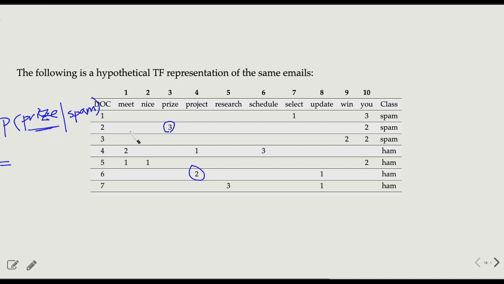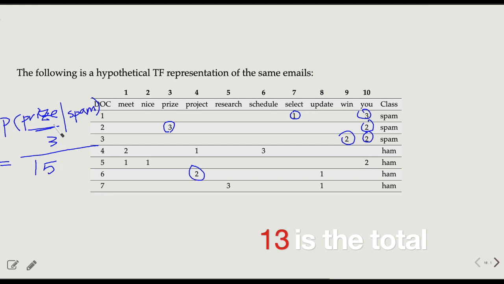This can be estimated by the total number of times the term price appears divided by the sum of frequencies in the spam class. We are going to add these numbers up, and it turns out that the result is 15.